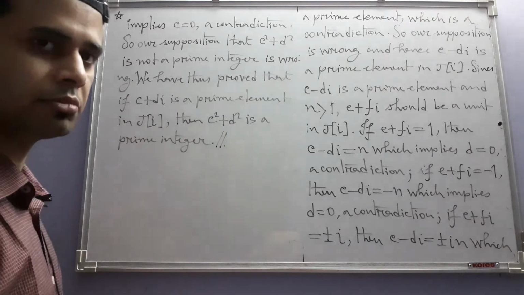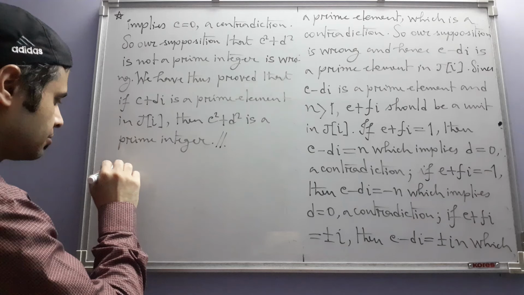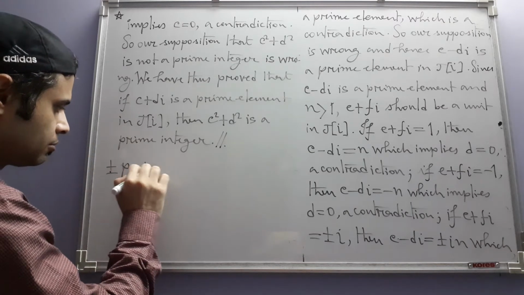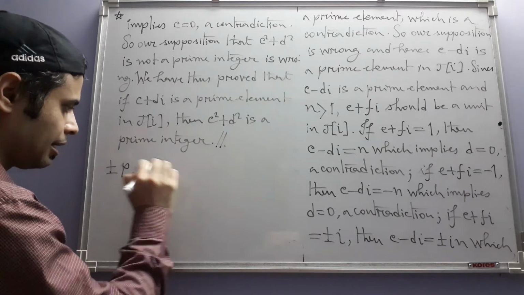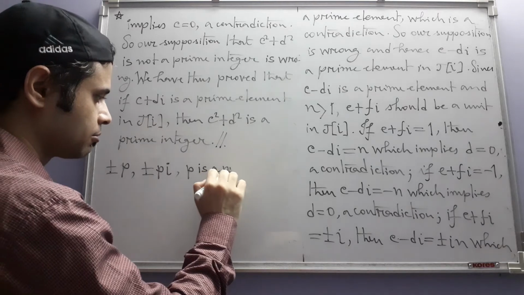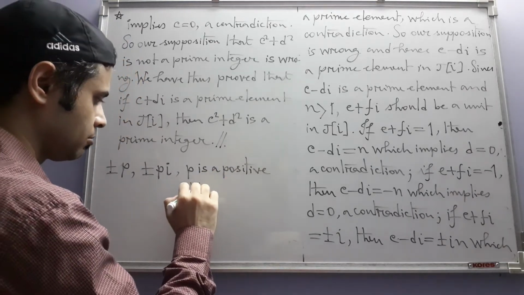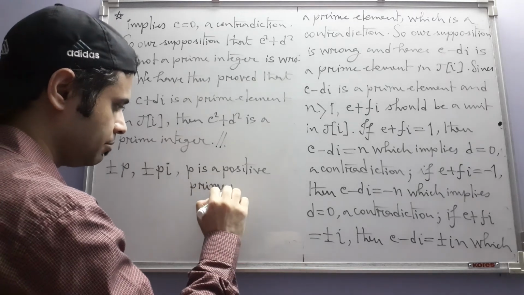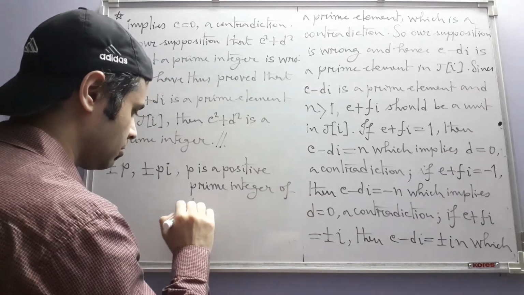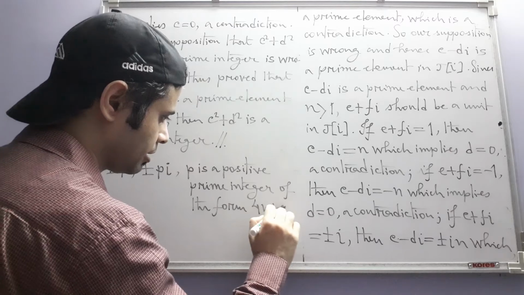What are the prime elements in Z[i]? The prime elements in Z[i] look like this: plus minus p, plus minus pi, where p is a positive prime integer of the form 4n plus 3.